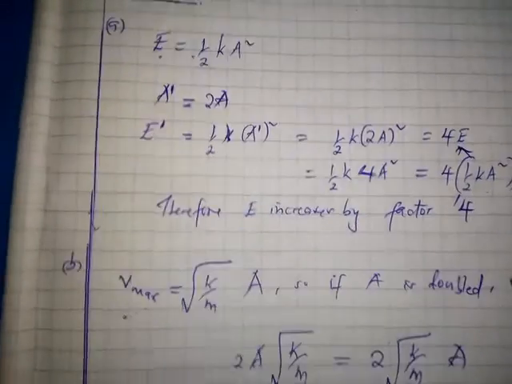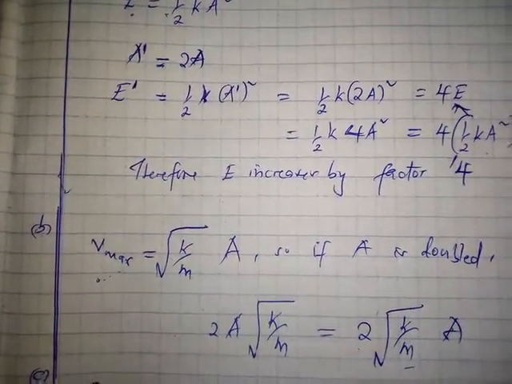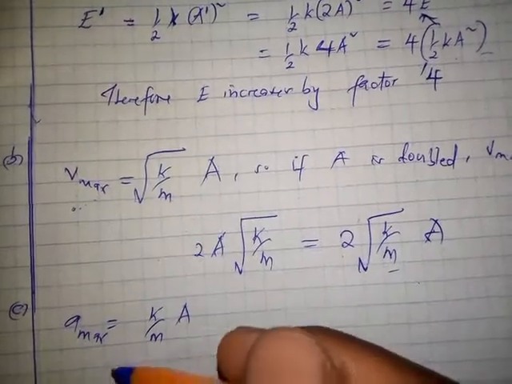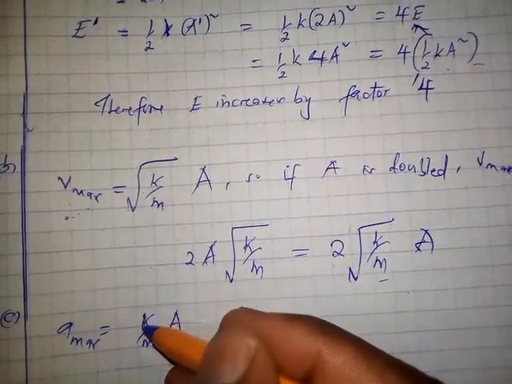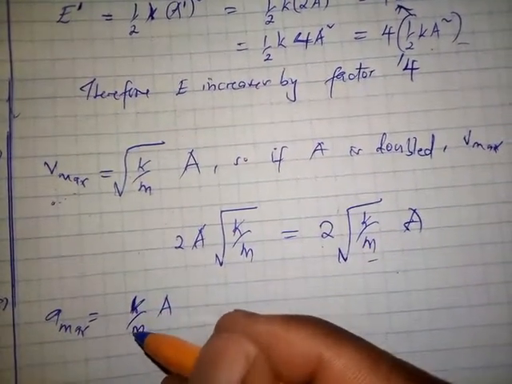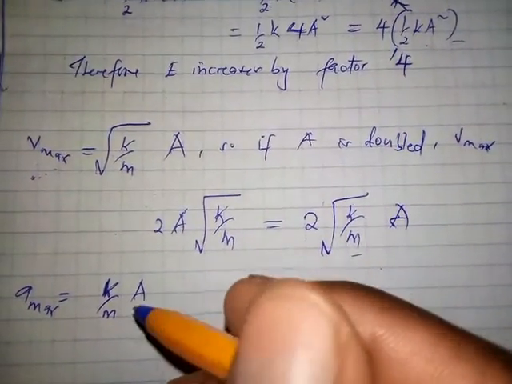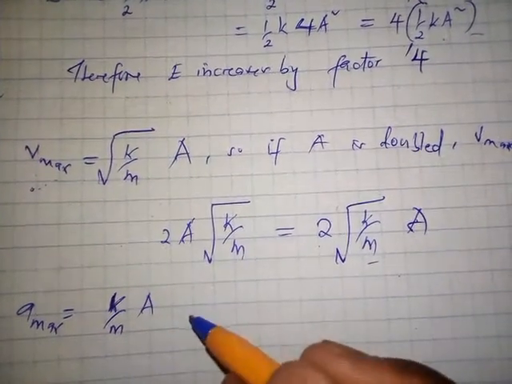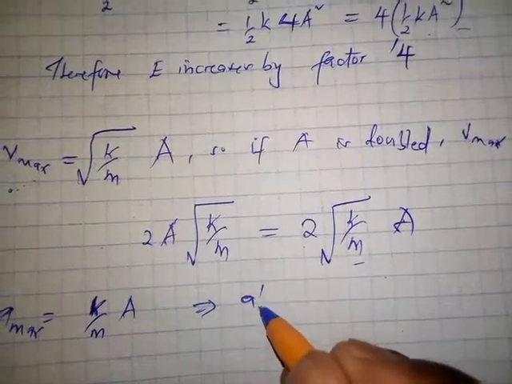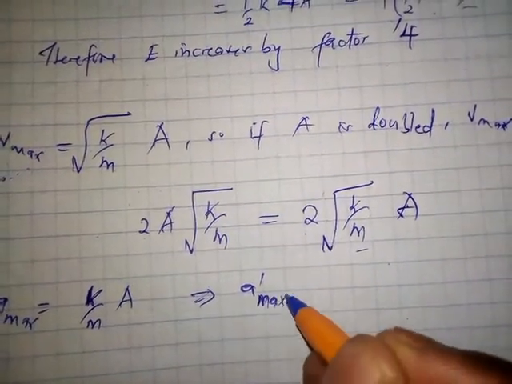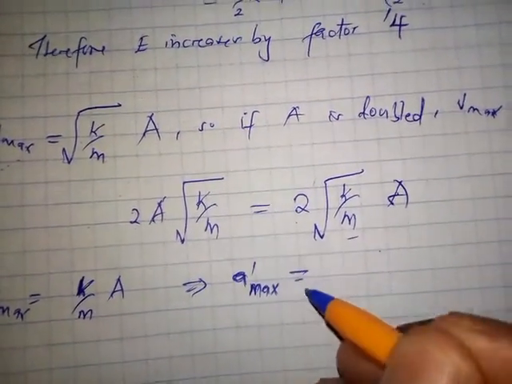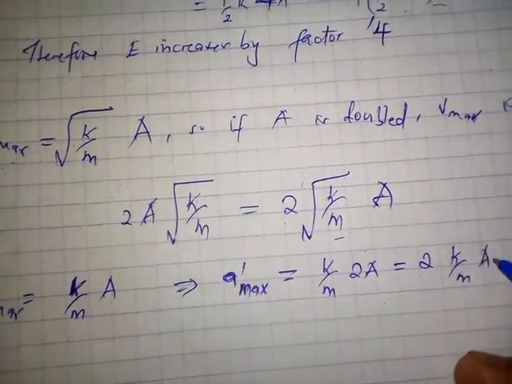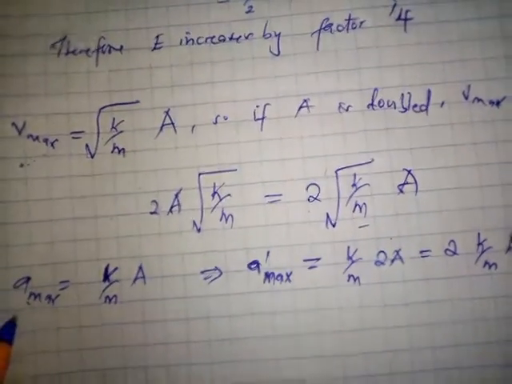C, the maximum acceleration. A max is given as K over M times A. The K over M is the omega squared, where omega is given as the square root of K over M. So if the amplitude is doubled, our A prime max will be equal to K over M times 2A, which is the same as 2 times K over M times A, but K over M times A is the maximum acceleration.